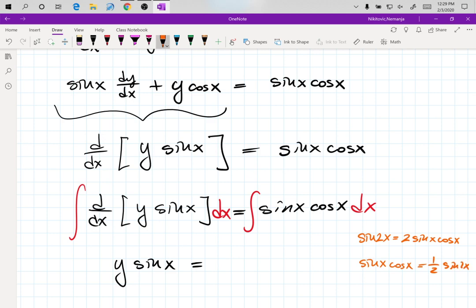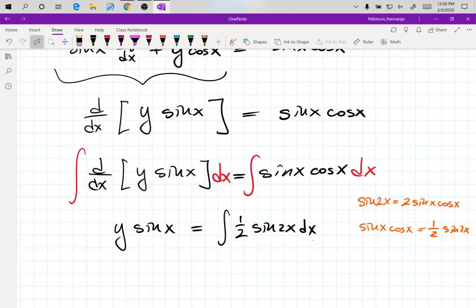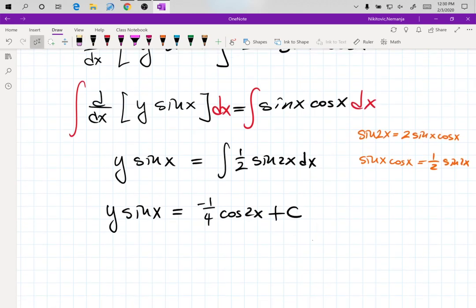So if I have the integral of 1/2 sine 2x dx, then I have a single sine and I don't have to use a u sub to integrate. Pick your poison, right? Doesn't matter which way you do it. So y sine x is equal to, and over here, when you integrate, negative 1/4 cosine 2x, very good. Plus c. Plus c, that's where the plus c goes, finally.